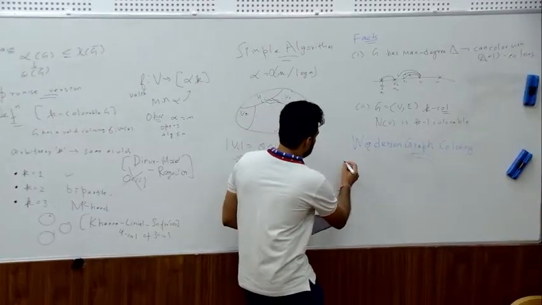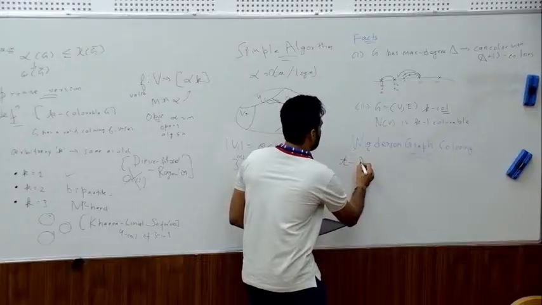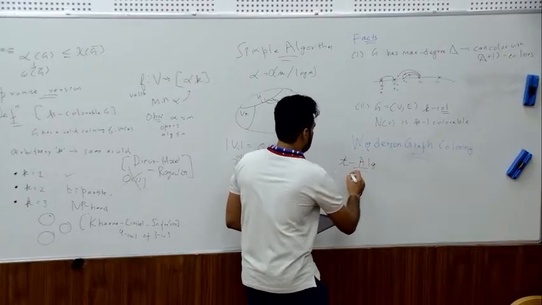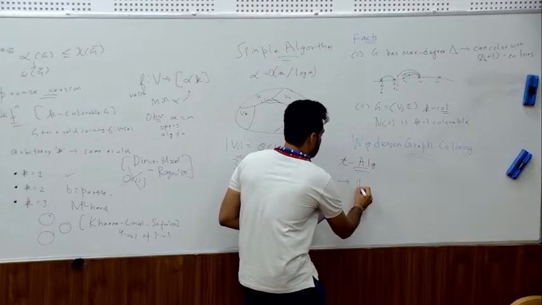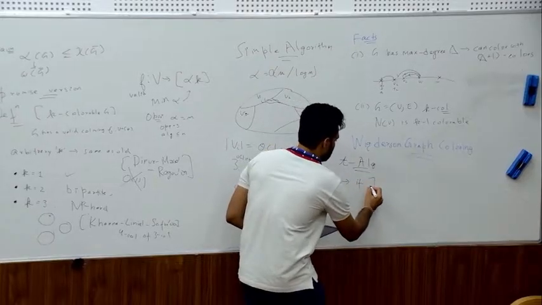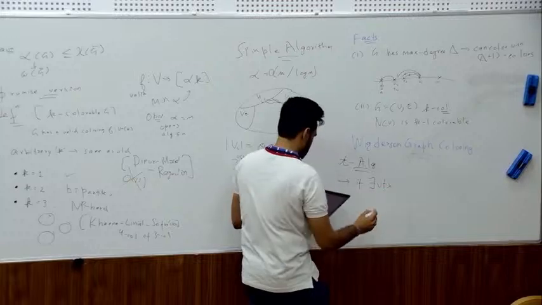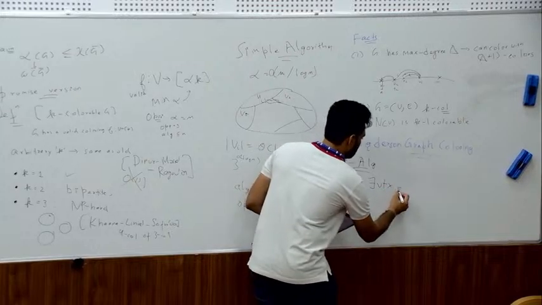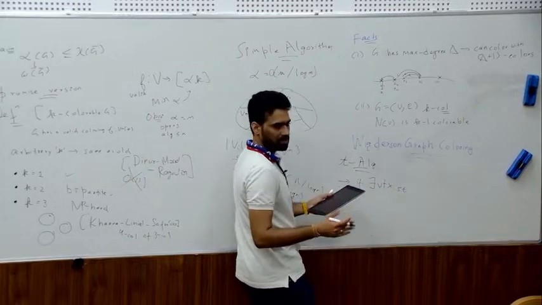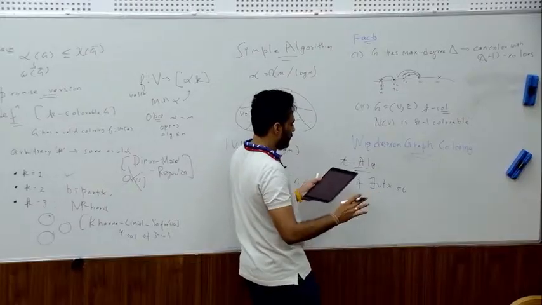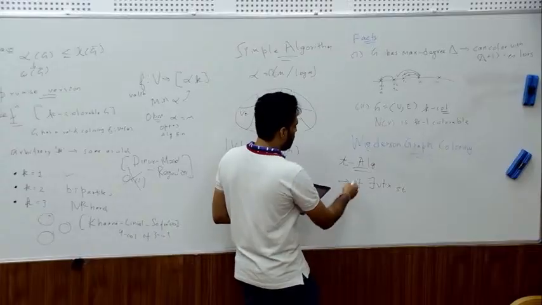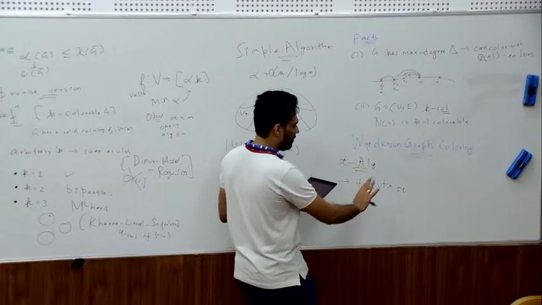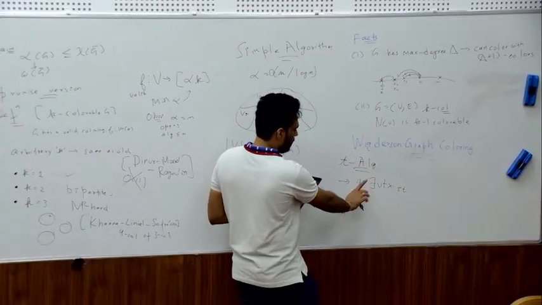I'll specify a parameter t. It's a t-algorithm. The first step: if the graph has maximum degree larger than t, then every vertex is eligible for the first step.